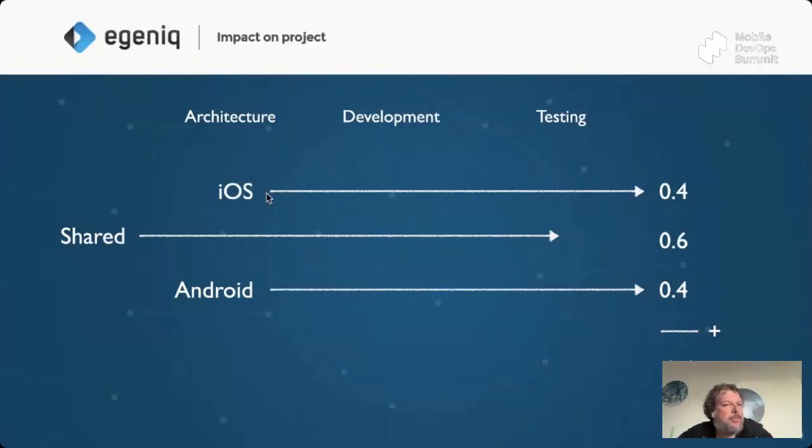Whereas 40% is spent on the UI and making things pretty and making things work for the user. Then you could end up at a model like this, where 40% is spent on both platforms on the user interface and 60% is spent on the shared core. So the total cost factor of remaining native with two platforms to support would be 1.4, compared to the one of just having one platform.